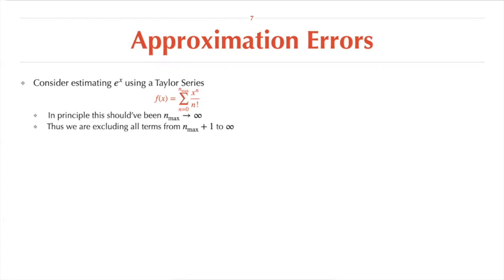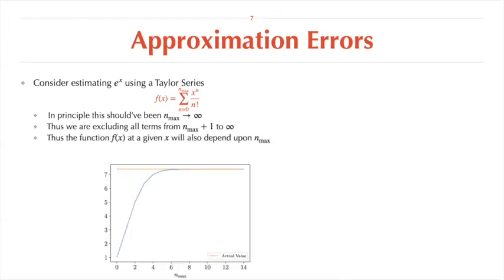Similarly, if you take n max equal to 1, then you will get 3. That's also not very good, and so on. If you keep adding terms, the approximation will become better and better. So you can see that the function f x, though it depends upon x, also depends upon the value of n max.